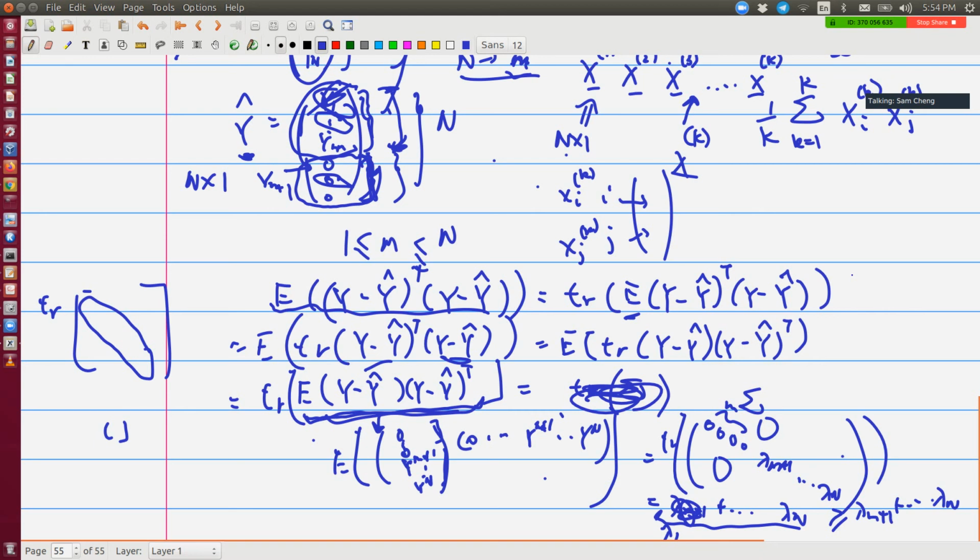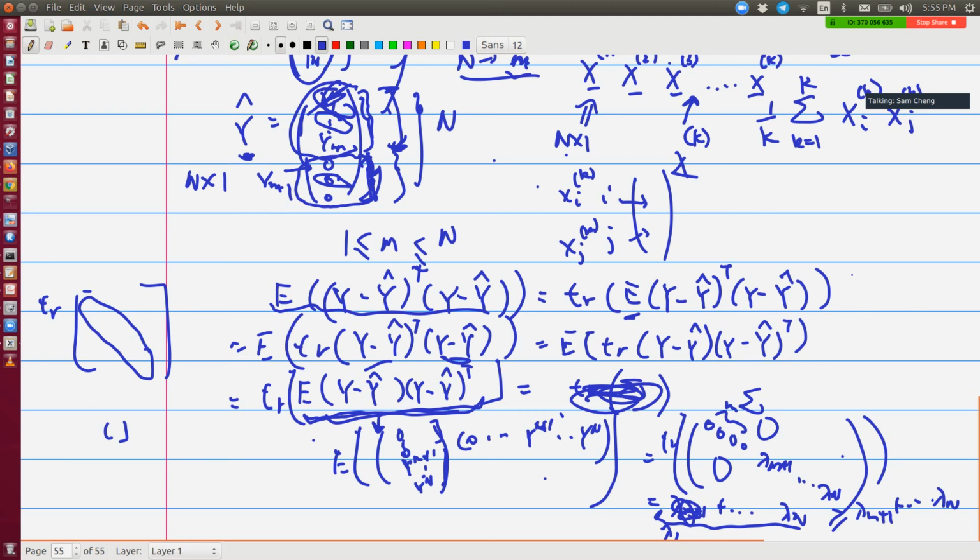It means that if we have a bigger m, say m becomes m plus 1, the error will be less, because we already sorted that. So if we reduce the dimension less, the error will be less.